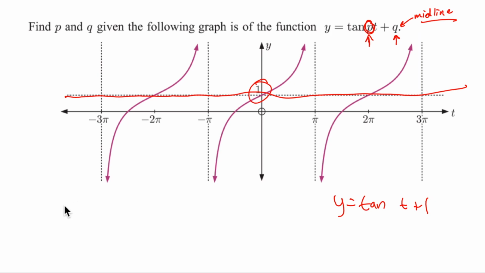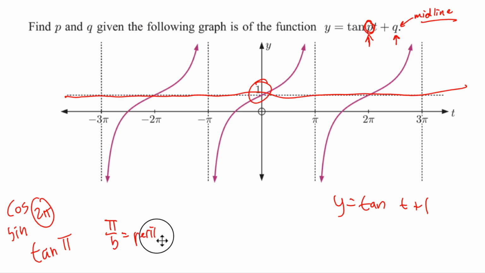Normally, for cosine and sine, we said the period was over 2 pi. All right, so the period of tangent is over pi, which is why we say pi over b, or the number of cycles here, equals our period. So even notice in our graph here, we have one full cycle between 0 and 2 pi instead of pi. So our period here is actually 2 pi.